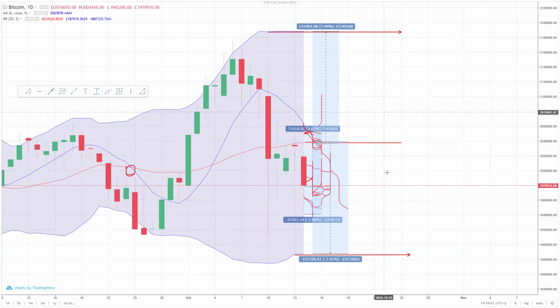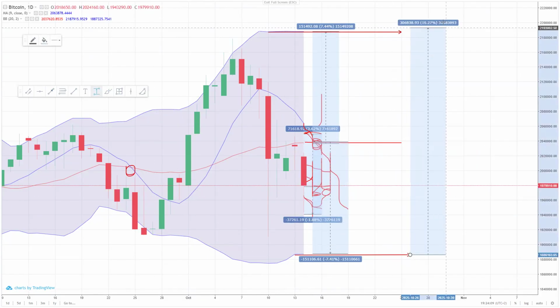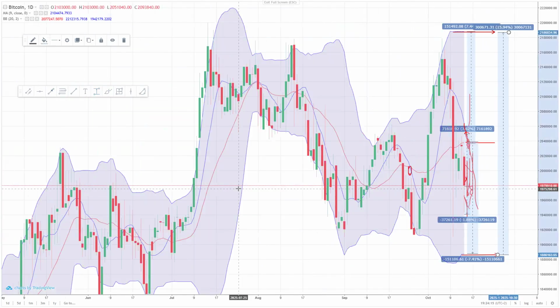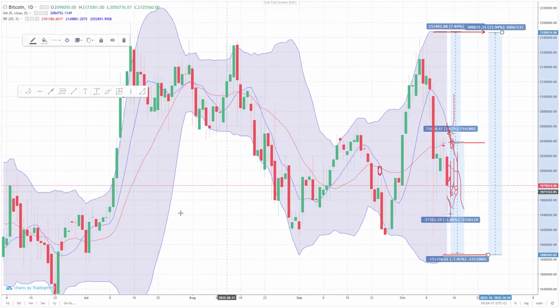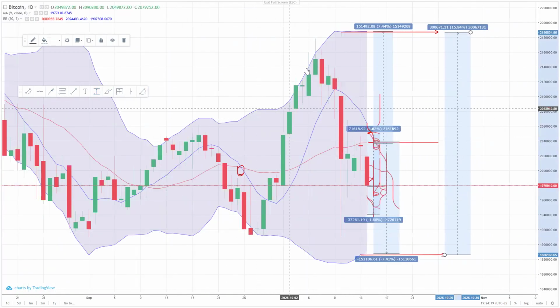The Bollinger Bands are broadening, so there's going to be lots of activity from bottom to top of around 15%. And what we see right here is possibly we can make some money on the markets in the next few days in the close range.